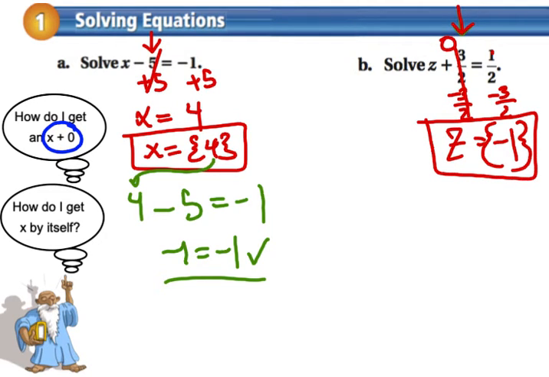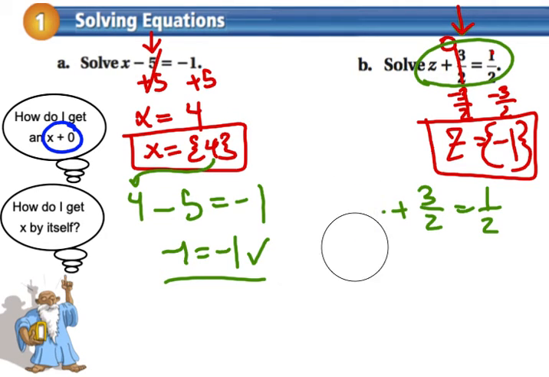And then we just need to check the solution. So we take the original equation, z plus 3/2 equals 1/2. We're going to replace the z with negative 1. To be able to check this, I do need a common denominator here.